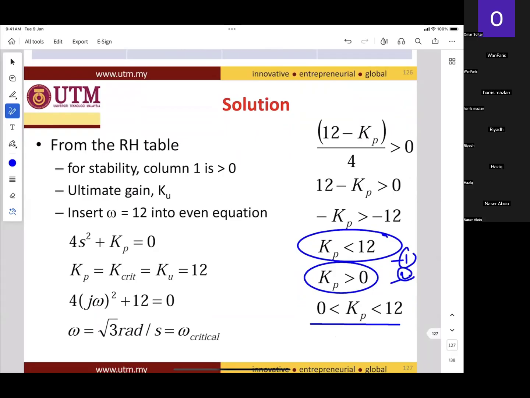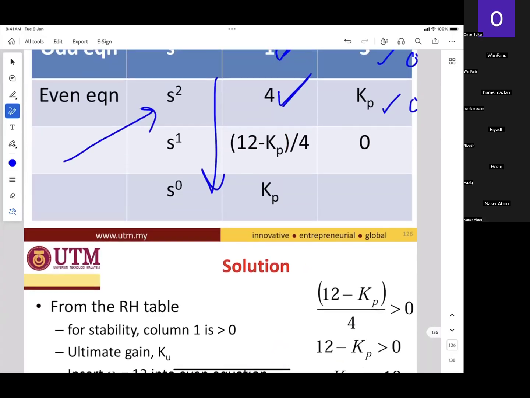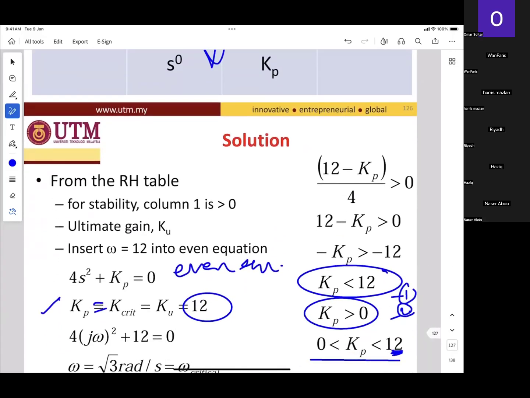From there, the critical is 12. When Kp is equal to 12, so Kp is equal to K critical equal to Ku, which is equal to 12. This is your even equation from the Routh array. Okay.